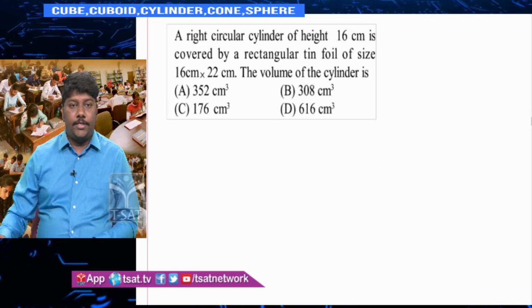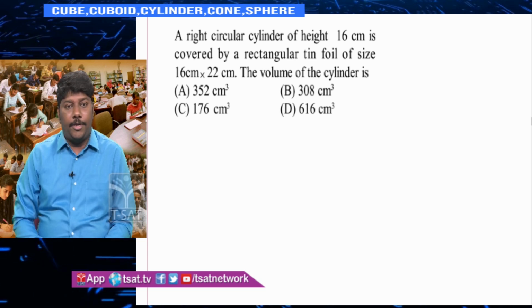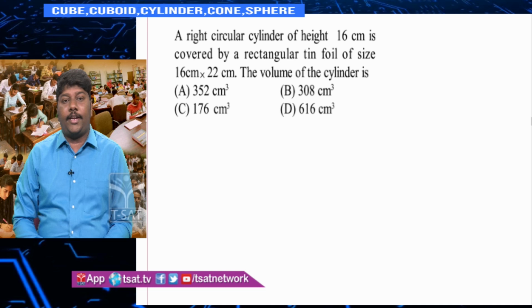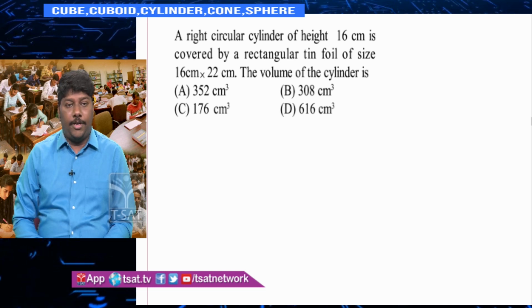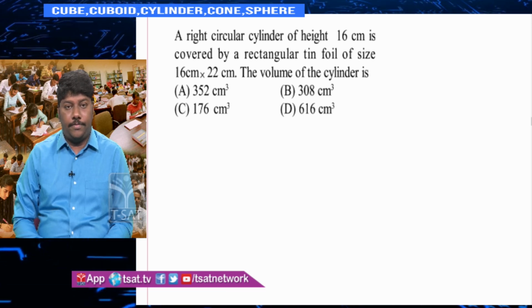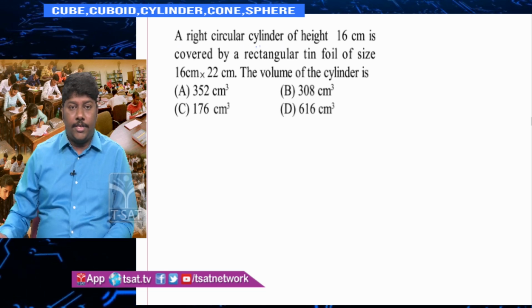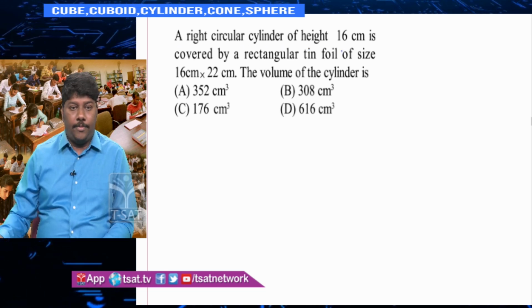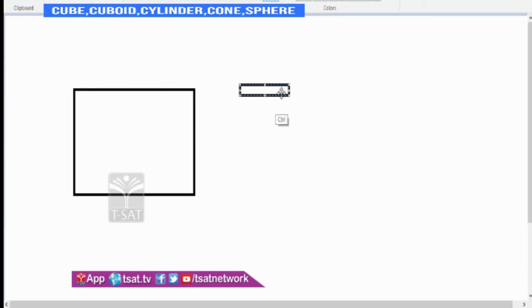A right circular cylinder of height 16 centimeter is formed by a rectangular tin foil of size 16 centimeter by 22 centimeter. The volume of the cylinder is. See, you are forming a cylinder which is 16 centimeter, covered by a rectangular tin.